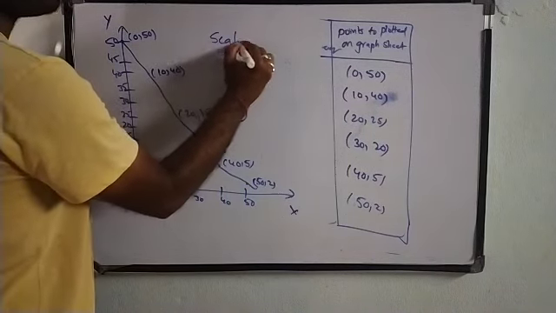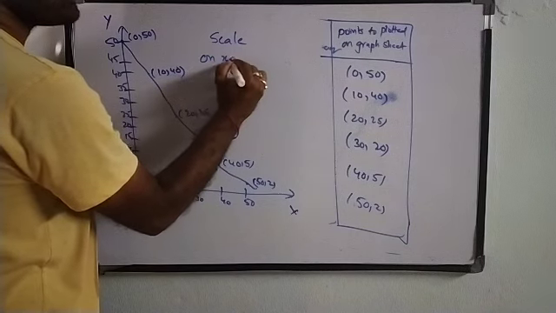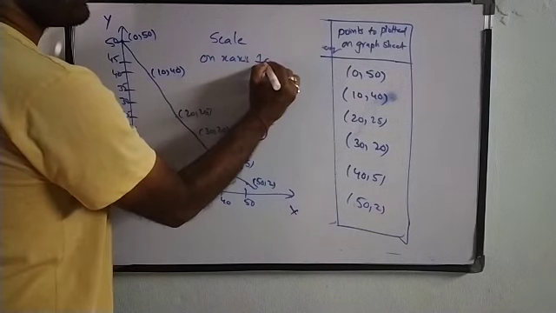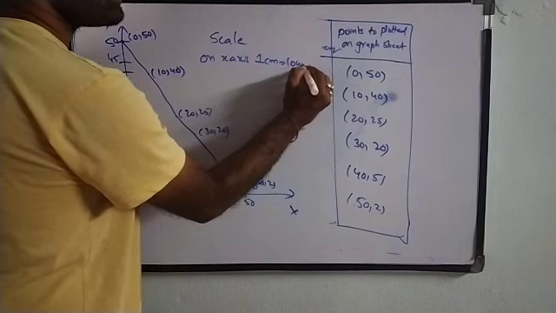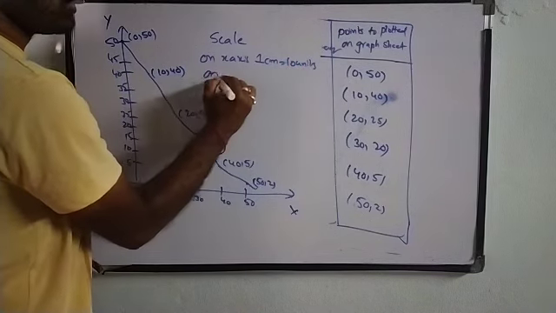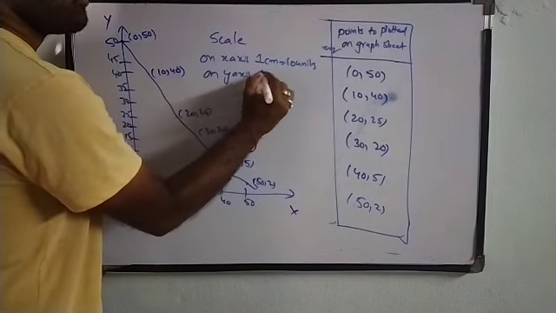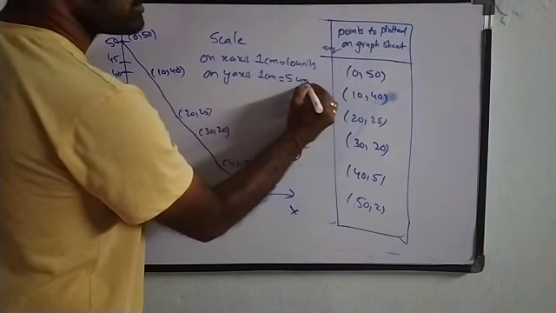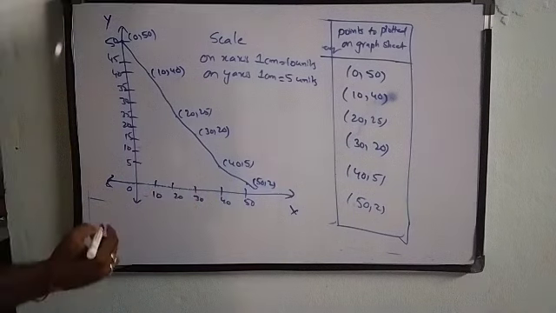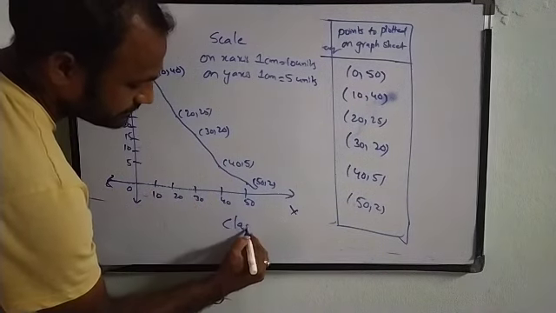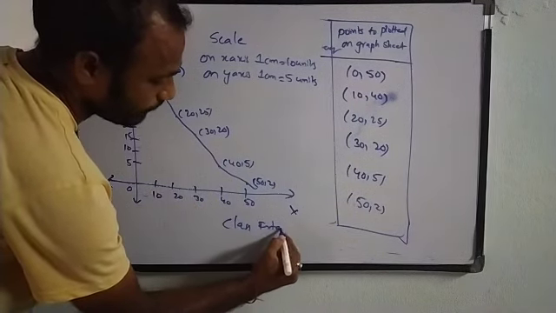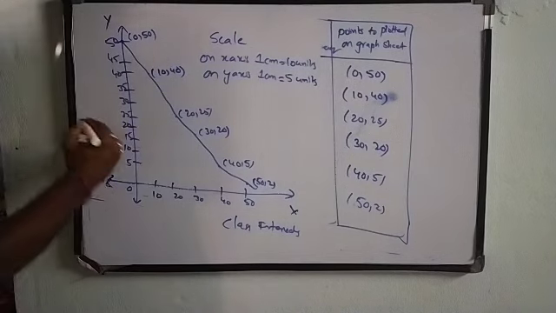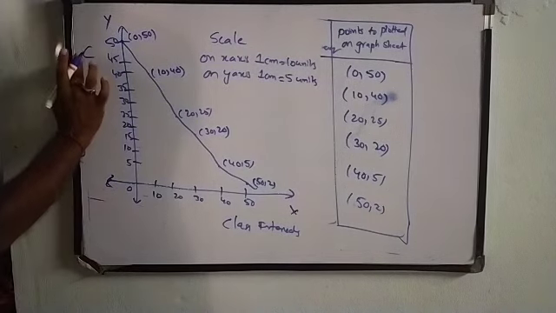Next, the scale. On the x-axis we have taken 1 centimeter equal to 10 units. On the y-axis we have taken 1 centimeter equal to 5 units. So these are the class intervals and these are the cumulative frequencies.